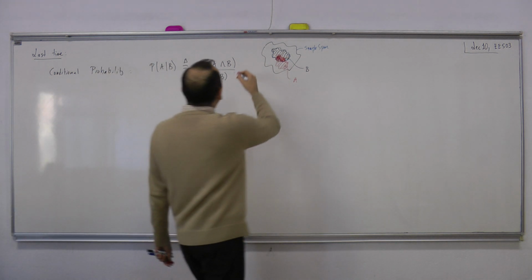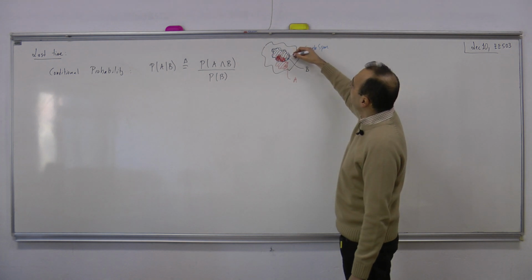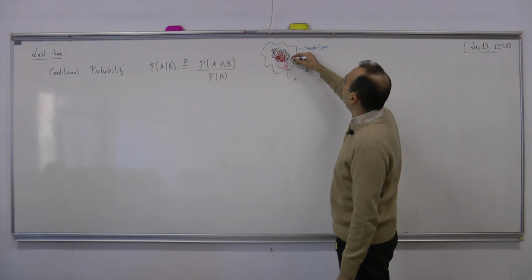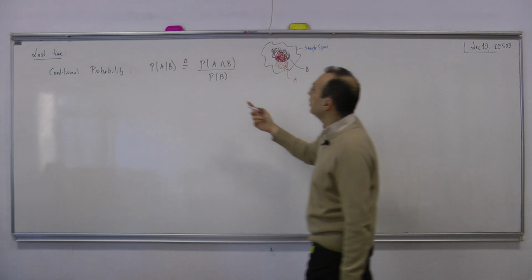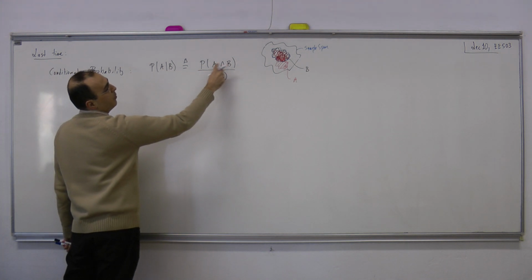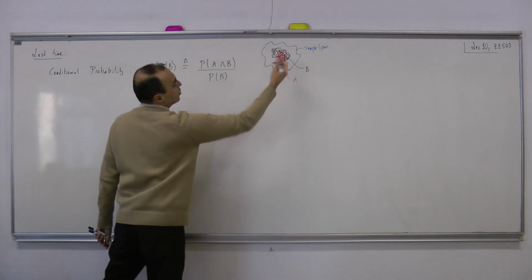Of course this will take the value of 1 if this red set gets larger and larger. In other words, if A is equal to B, then I have B intersection B divided by B, so I have 1.